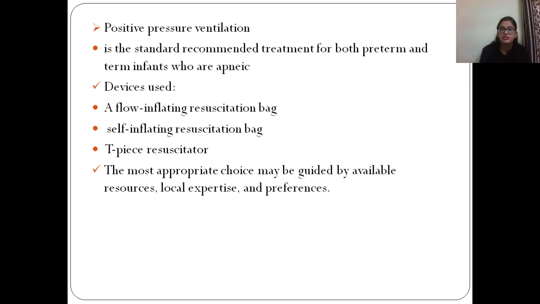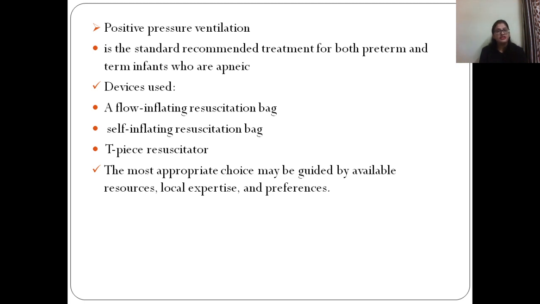And then you have to see whether the child is improving or not. You can look for the chest rise. You have the oximeter with you, and another person can check the heart rate to see whether it is rising or not. Now, if the heart rate is not rising, then like I have mentioned, you have to take corrective steps. You can follow the mnemonic of MR SOPA to ensure that all these points are taken care of.